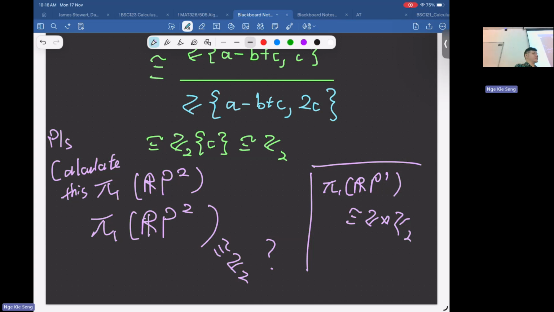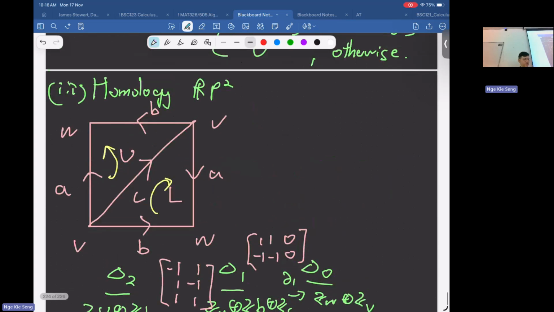I think you need to use Van Kampen to compute this RP2 case because we already got the CW complex here, right?